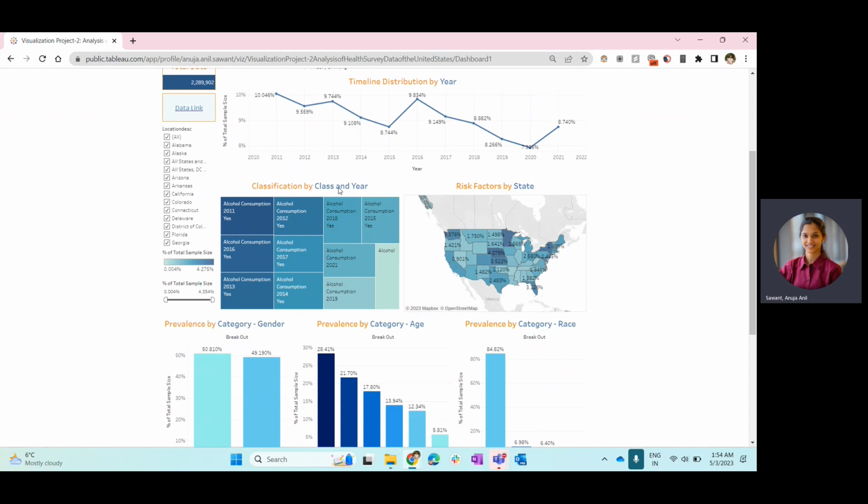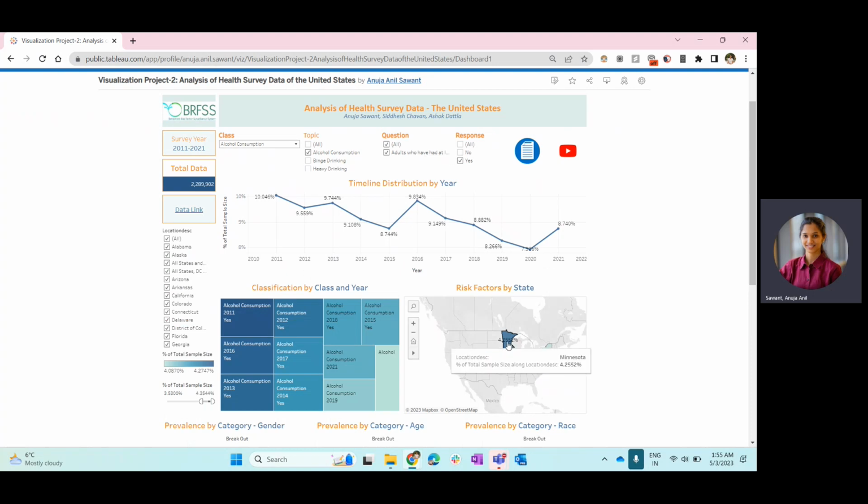Under the heat map, we can see that 2011 is the year recorded with the highest alcohol consumption. And from the state we can narrow down the scale to check which states recorded the highest alcohol consumption.